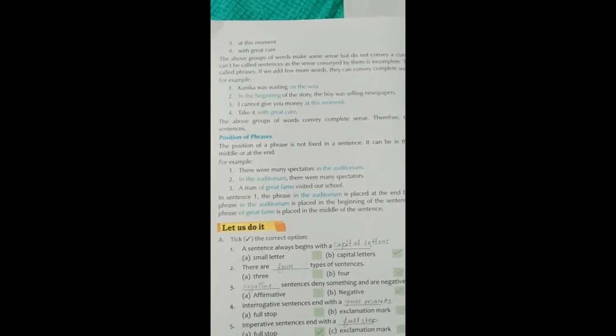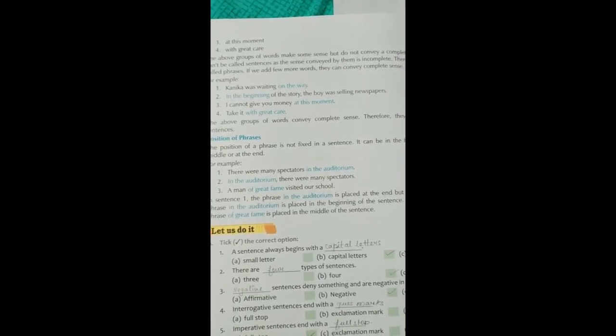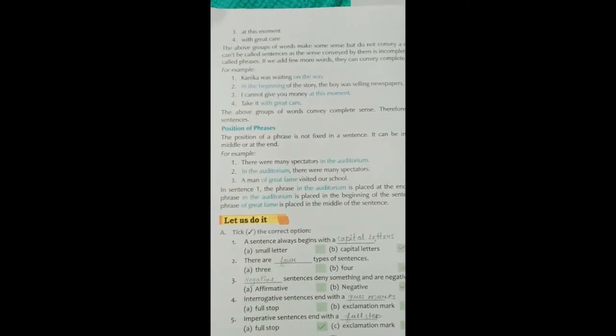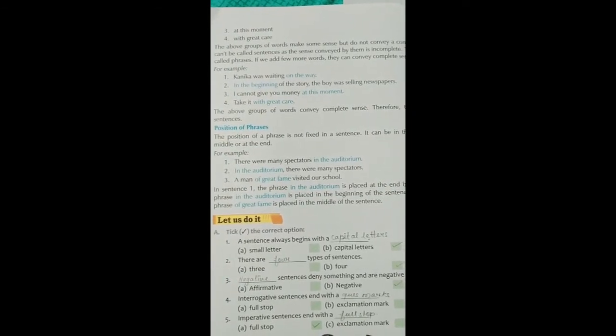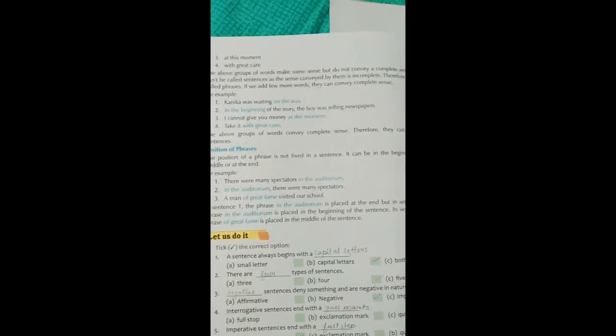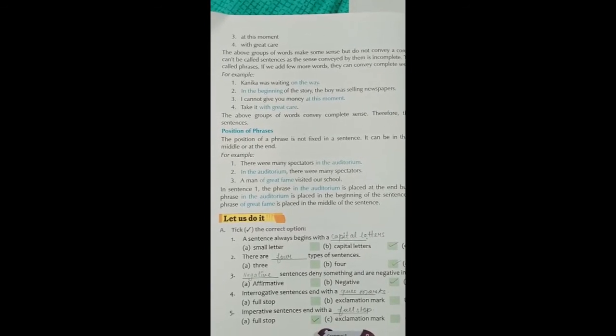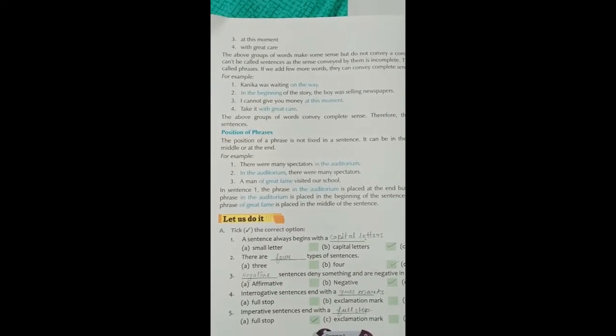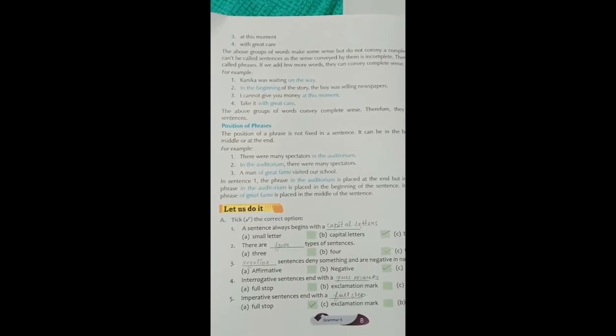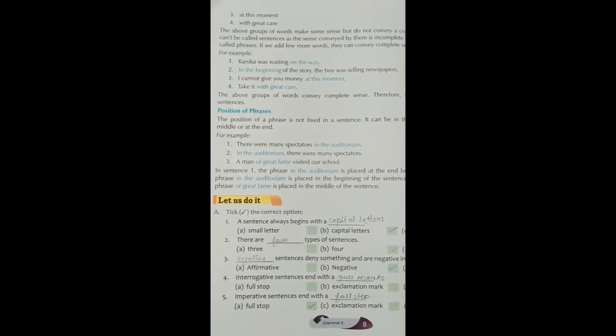See the paragraph, students. The above groups of words make some sense but do not convey a complete sense. They cannot be called sentences as the sense conveyed by them is incomplete.